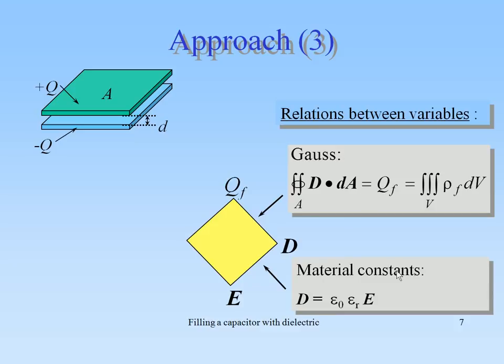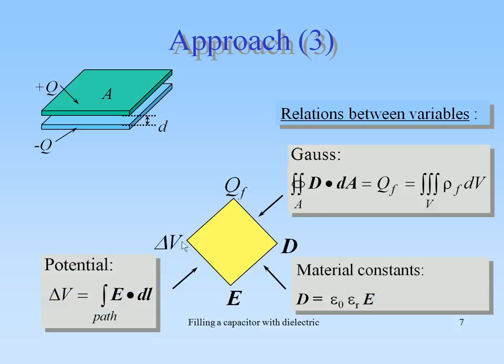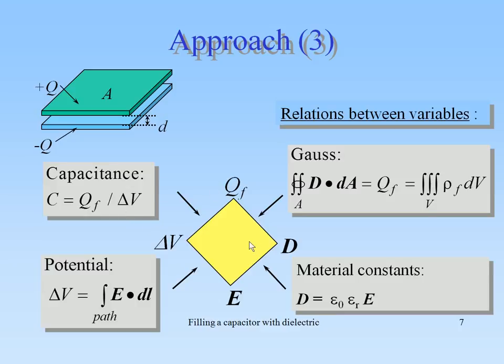Material constants give us the relation between the displacement and the electric field. The potential is the relation between the electric field and the potential difference between the plates, and then the relation between the potential difference and the charge, that's the capacitance. These are the four relations.